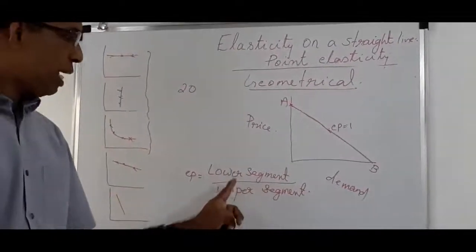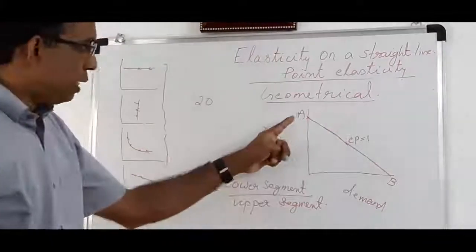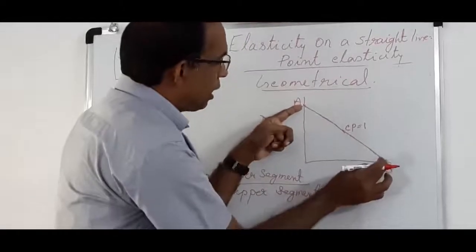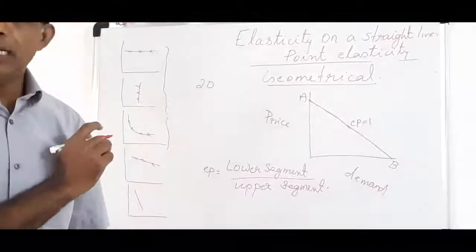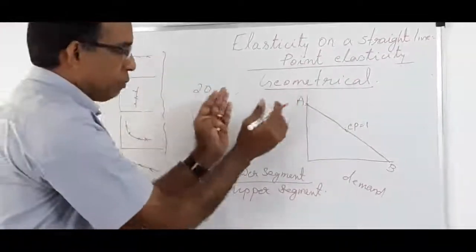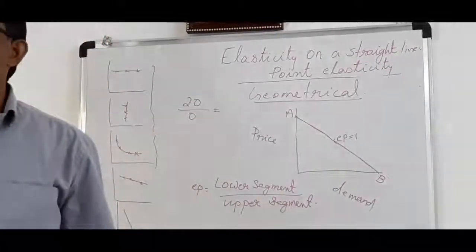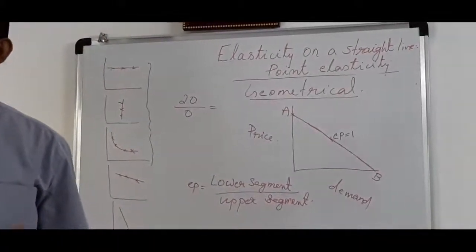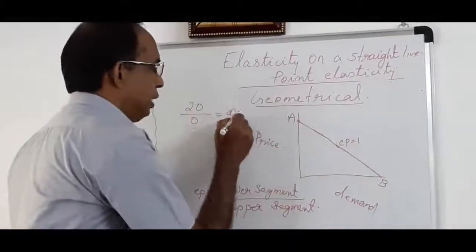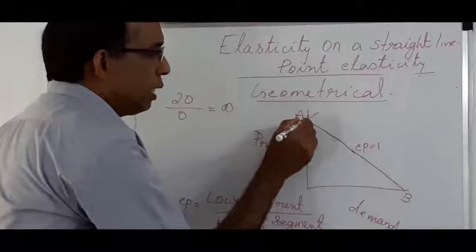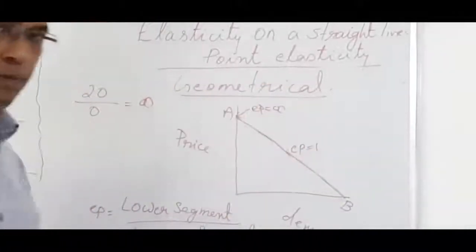Our formula is lower segment divided by upper segment. Upper segment is 0. Any value divided by 0 is infinity, we cannot calculate. So elasticity is infinity at this point.